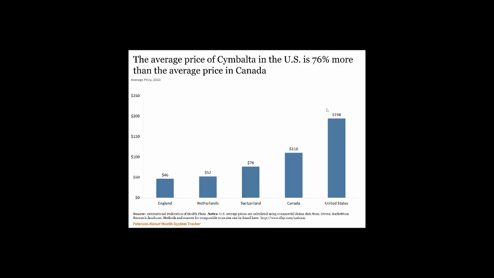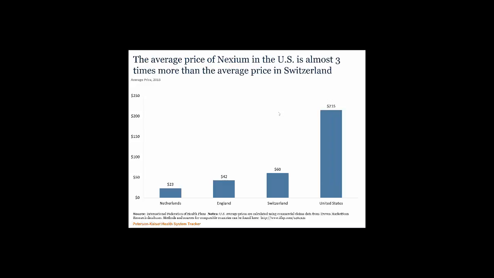The average price of Cymbalta in the U.S. is 76% more than the average price of that in Canada. Right? The average price of Nexium in the U.S. is almost 3 times more than the average price in Switzerland.